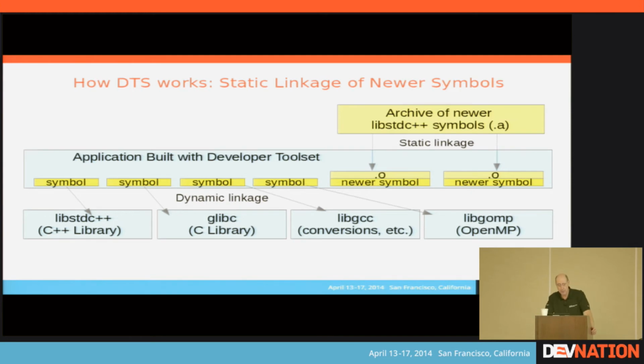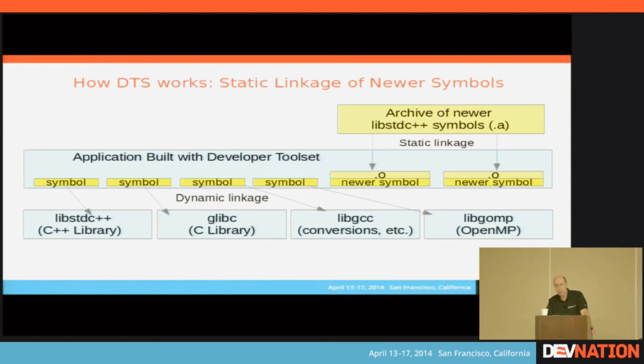So it links to the libstdc++, glibc, and libgcc libraries. And then any new symbols that are available in the newer version of the compiler are statically linked to the application. So when the application runs on RHEL 5 or RHEL 6, say, it takes advantage of the dynamic libraries on the system, and then the newer features are statically linked to the application and carried along with it.